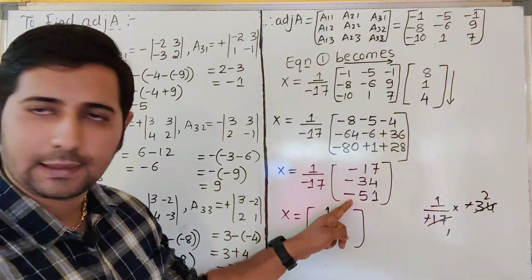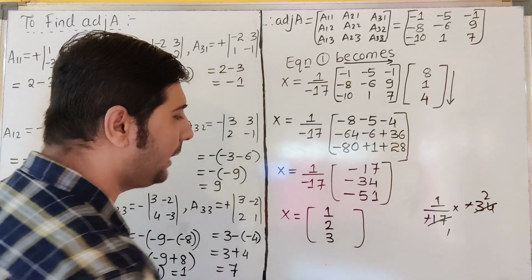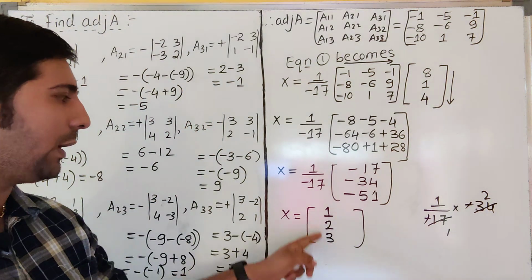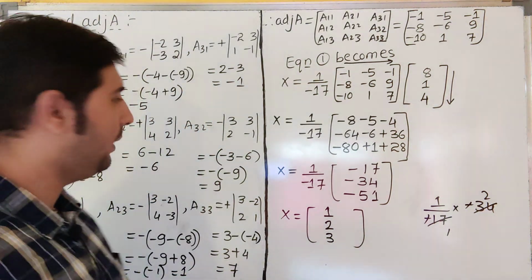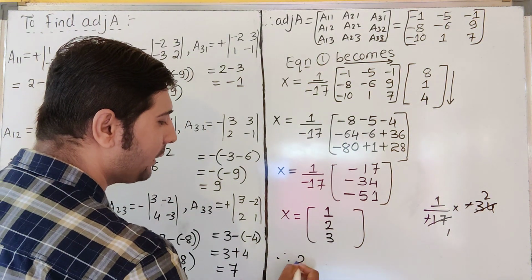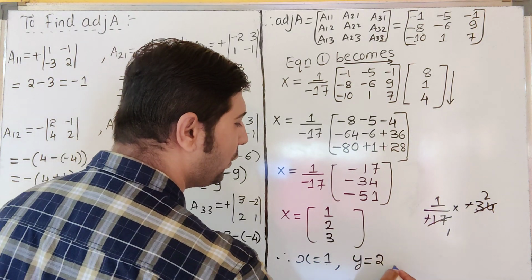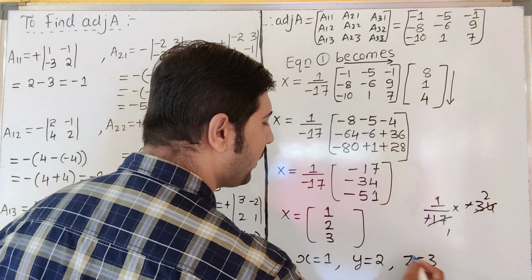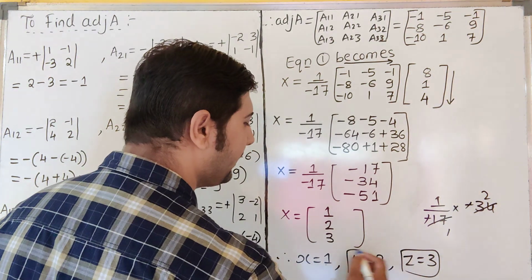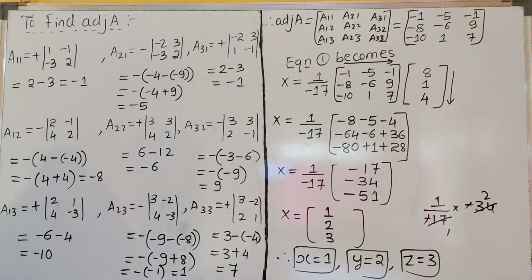Similarly, minus minus get cancelled. 17 1 ja 17, 3 ja. So therefore x is nothing but what? X, Y, Z, no? In the before video you have seen this one. So therefore, x value is how much? 1. Y value is how much? 2. Z value is how much? 3, dear students. And this is our required answer, my dear students.